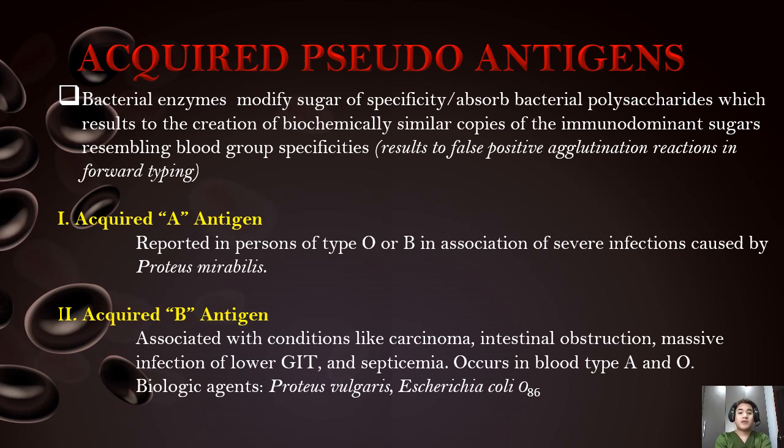So for acquired A antigen, it is reported in persons of type O or B with predominantly the biologic agent Proteus mirabilis, while acquired B antigen is associated with blood group A individuals having Proteus vulgaris and Escherichia coli serotype 086.